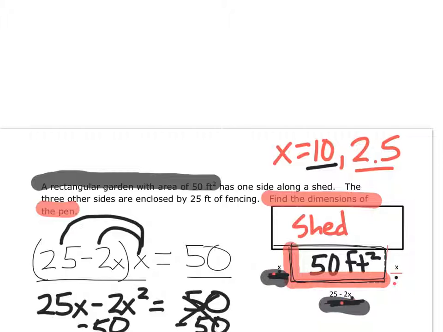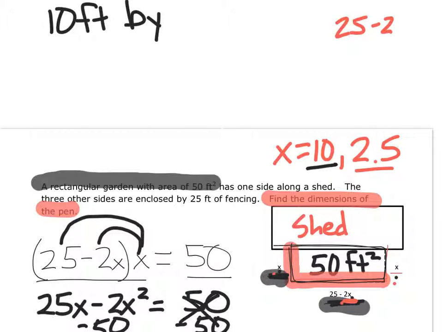I'm going to put in the 10 for x, so it would be 10 feet by, now I'm going to substitute a 10 in for that x. So I would have 25 minus 2 times 10, which would be 25 minus 20, which is 5. So one possible answer is 10 feet by 5 feet.